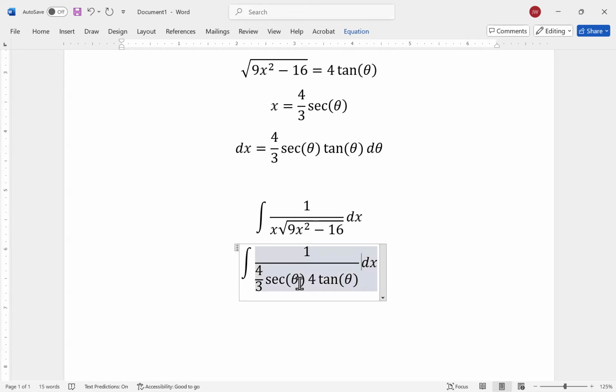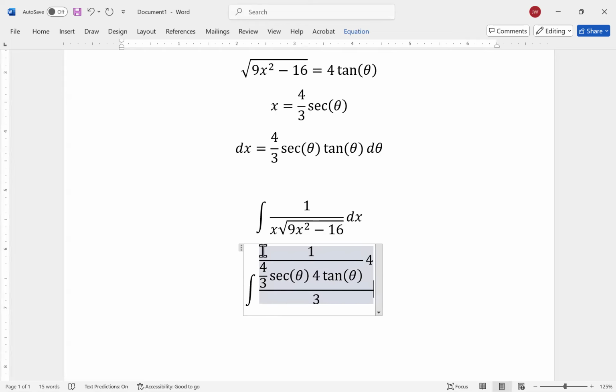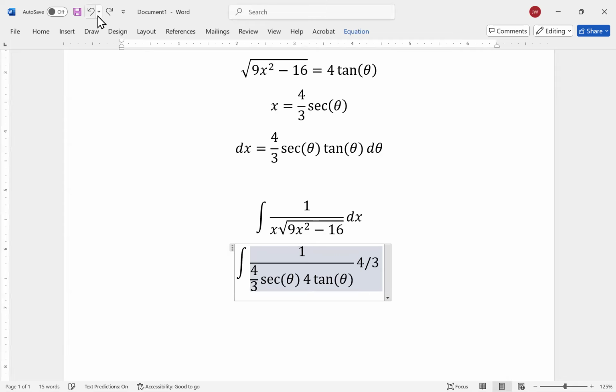And then the dx becomes 4/3 times secant of theta times tangent of theta.